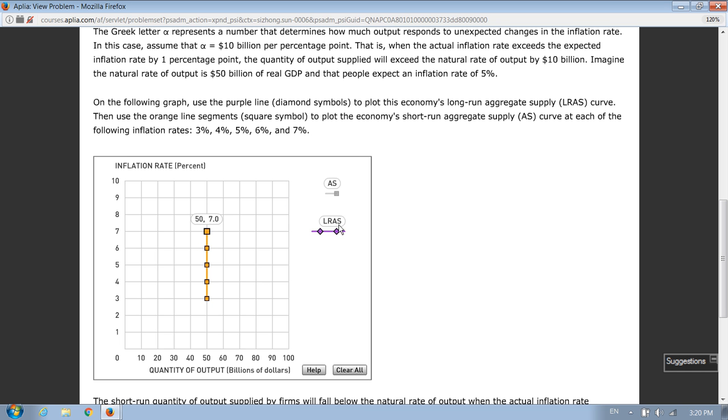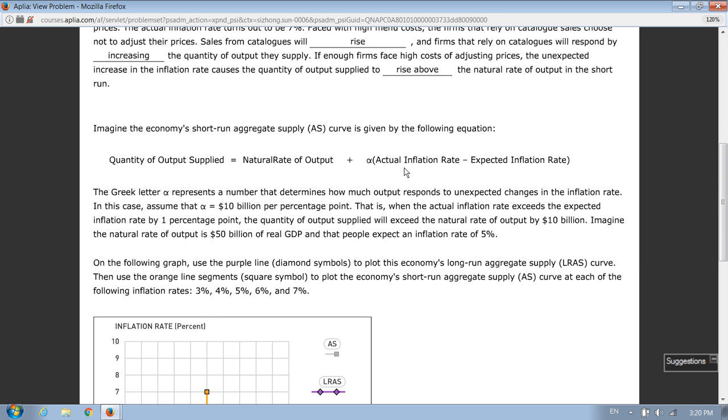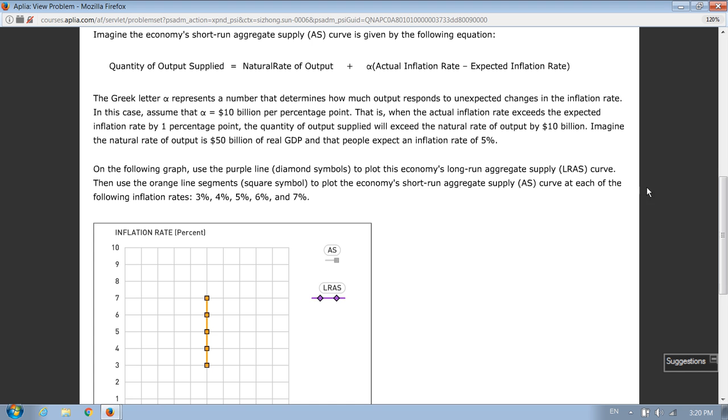For the short run, if it is 3%, let's look at the equation. 3 minus 5 is negative 2. Negative 2 times $10 billion is negative $20 billion.